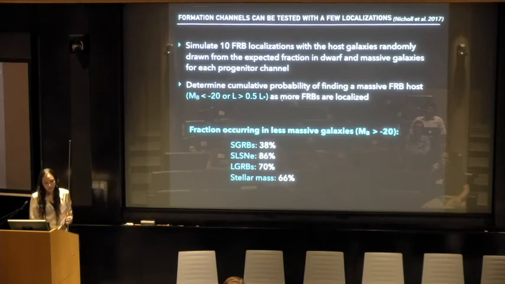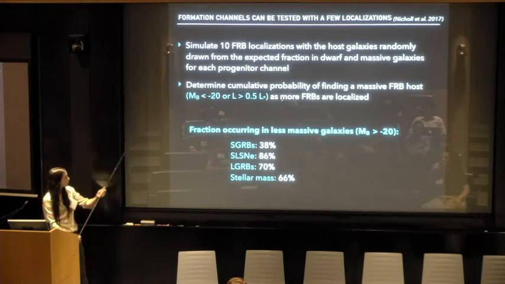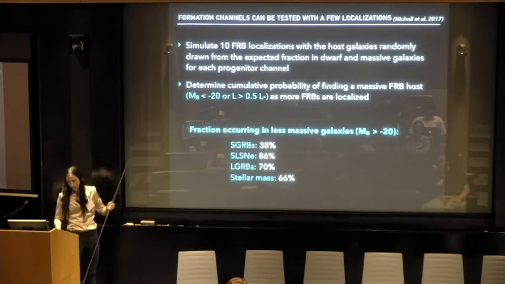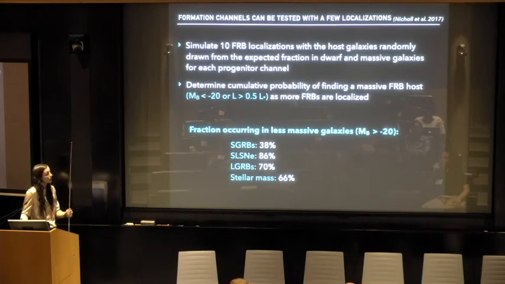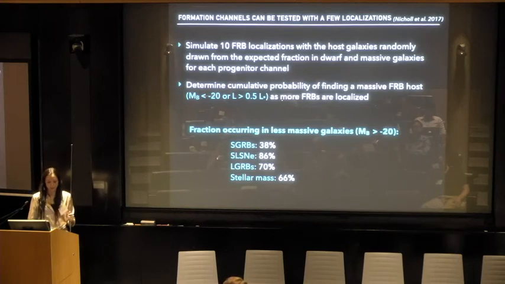For example, with short GRBs, roughly 38% reside in less massive galaxies than the threshold defined here, while superluminous supernovae, on the other hand, occur predominantly in these lower mass galaxies. We can repeat this process many times, simulating the FRB localizations to find the cumulative probability distribution of finding a massive FRB host as more and more events are localized.